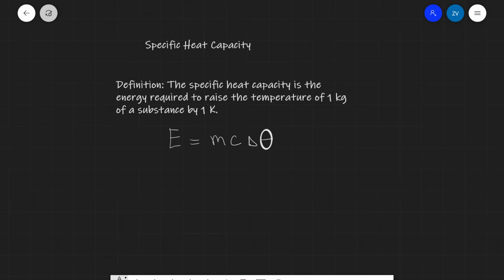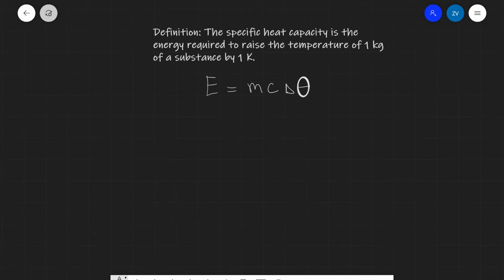Okay, moving on to specific heat capacity. So what is specific heat capacity? The specific heat capacity is defined as the energy required to raise the temperature of 1 kilogram of a substance by 1 degree Kelvin. So one way of, in general, defining quantities or units as well would be just to rearrange for them.